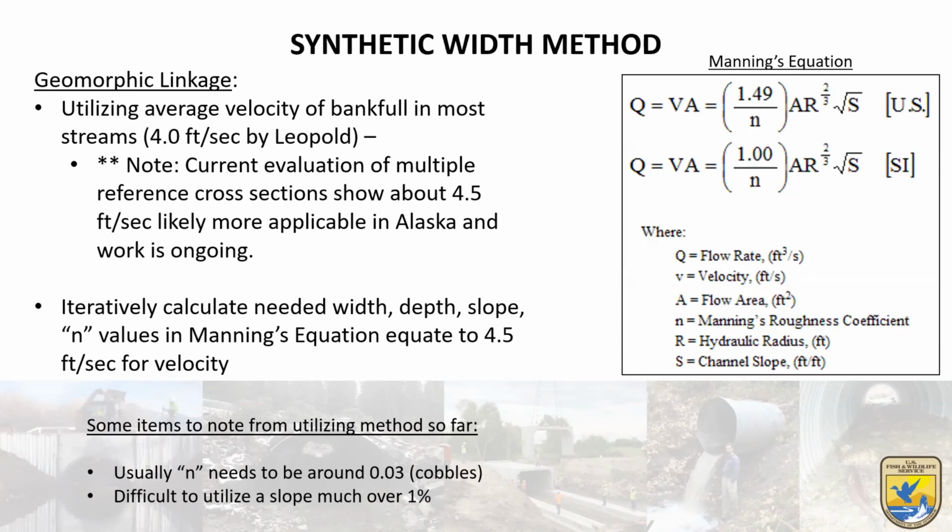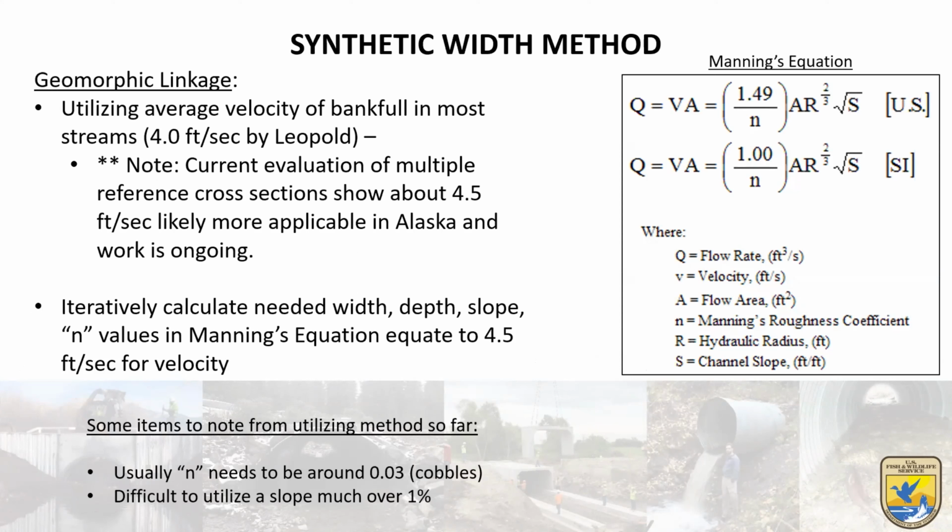So what we have in the guidelines currently is using an average bankfull velocity of 4 feet per second, by Leopold. That's what he found in his studies over time in general. Now Heather has some cross sections of more single thread channels in wetland environments that show that 4.5 feet per second may be a little more applicable, but that work's currently ongoing.